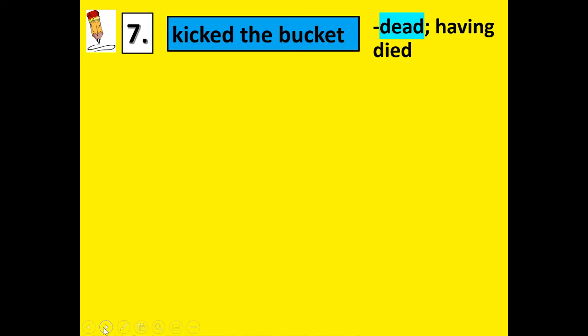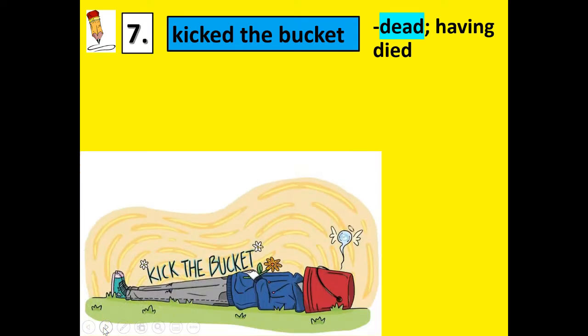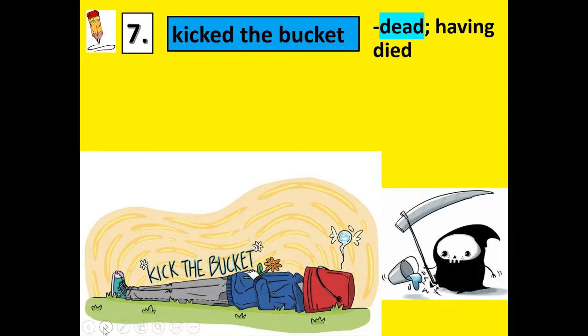It means dead or having died. And here's a picture of someone who kicked the bucket. It's kind of a funny picture because the person is laying down dead and there's a bucket on their head. So, kicked the bucket means dead or having died.